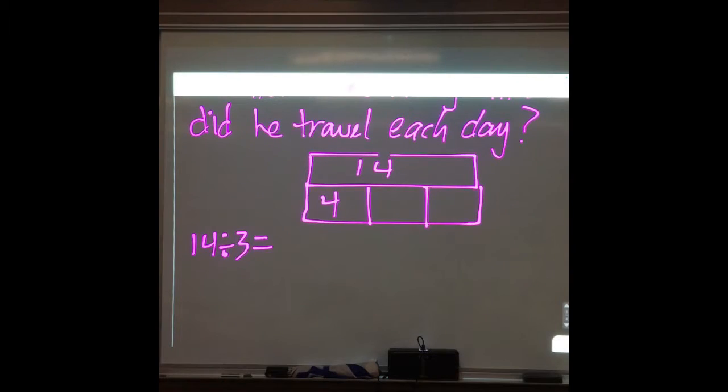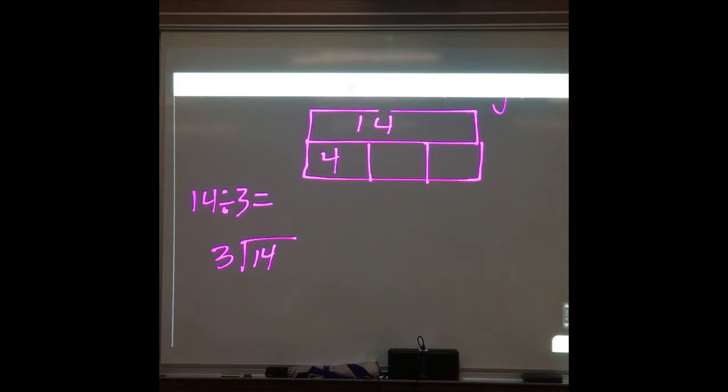All right. So we could put in our standard algorithm. What number goes on the inside of the house? 14, and the 3 goes on the outside. How many 3s are in 1? 0. How many 3s are in 14? 4. 3 times 4 is 12.